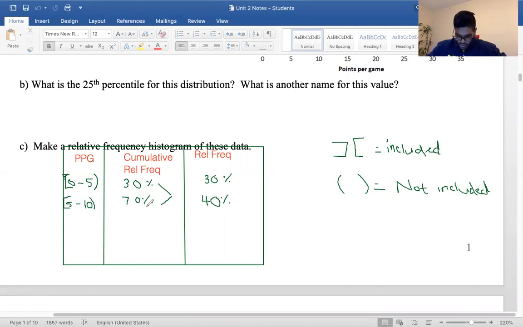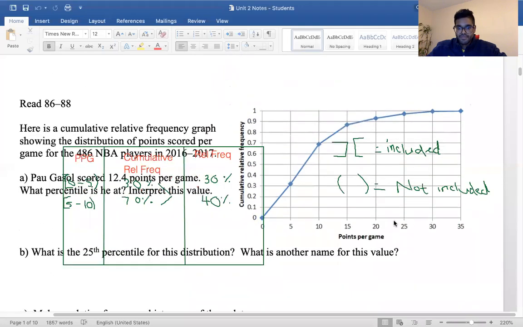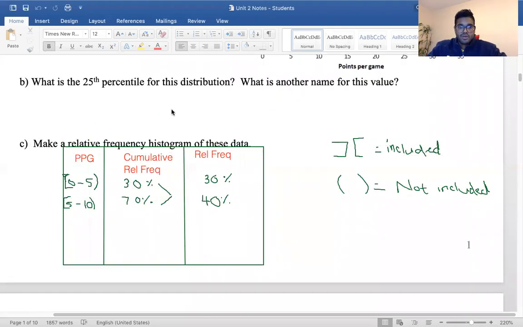I'll do one more, and then you guys can do the rest on your own. The next one, we're going to go from 10 to 15. 15 is going to be at 88%, I put that on my notes. So put that in.